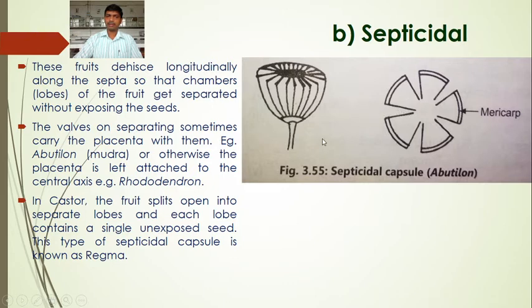The walls on separating sometimes carry the placenta with them, for example abutilon, or otherwise the placenta is left attached to the central axis, for example rhododendron. In the castor type of fruit, the fruit splits open into separate lobes and each lobe contains a single unexposed seed. This type of septicidal capsule is known as regma.